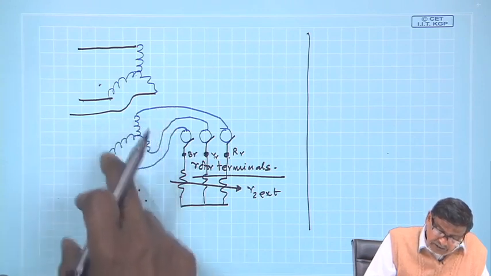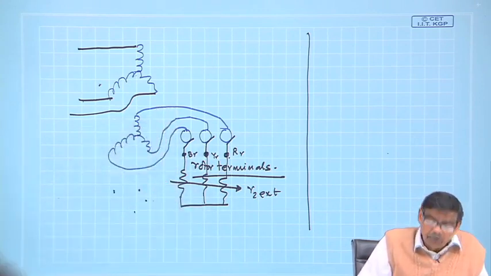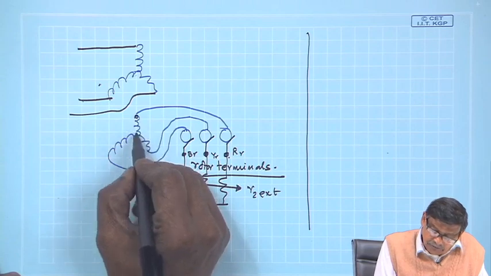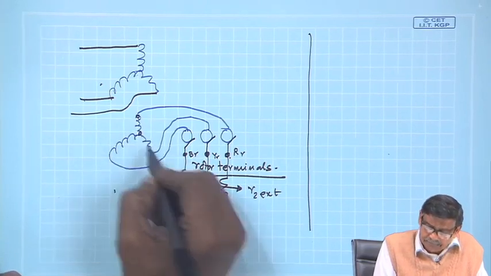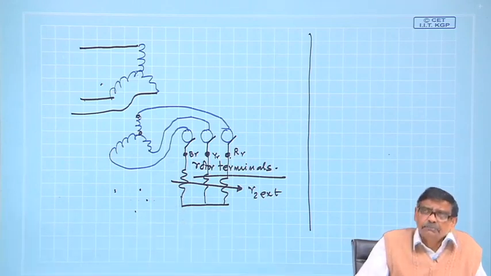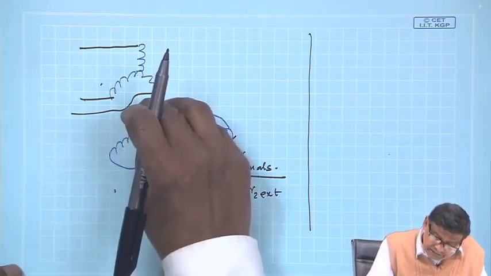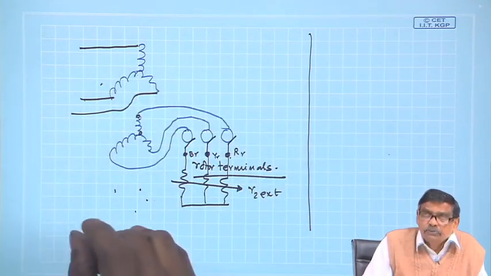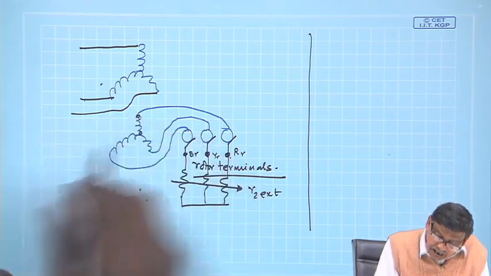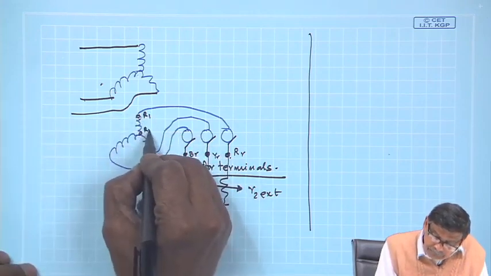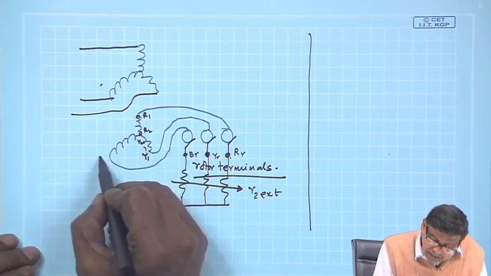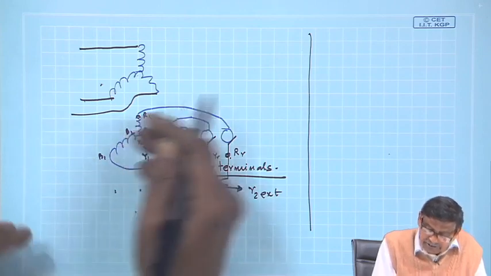Now, regarding the rotor terminals, each phase of these windings has two terminals. Suppose you say that I want access to both R1 R2, Y1 Y2, and B1 B2, all 6 terminals.